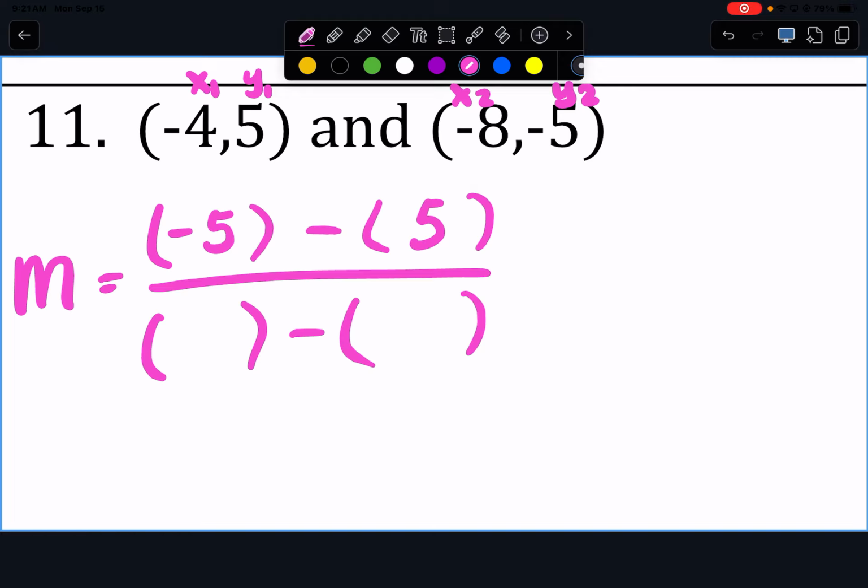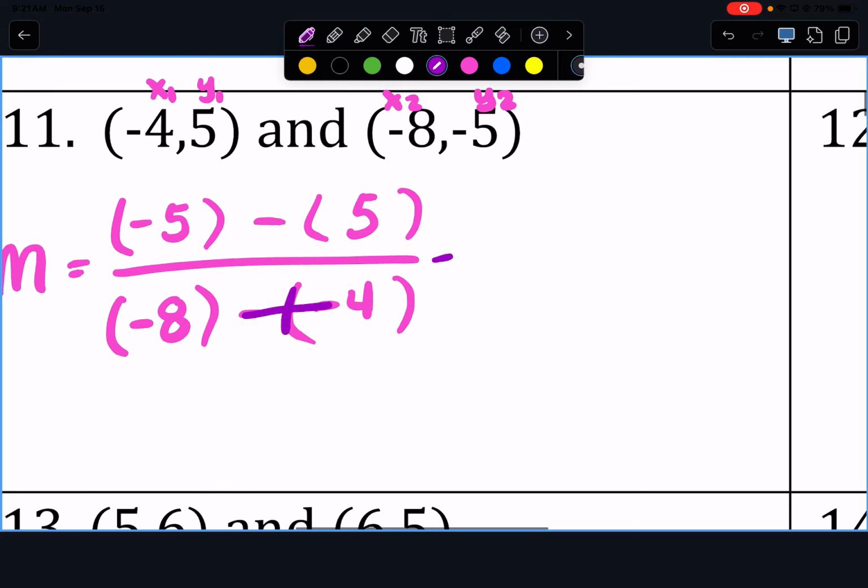Okay, so my denominator will be -4. Okay, here, when you subtract a negative number, what happens? So it's going to be -4, which becomes +4. Yeah.